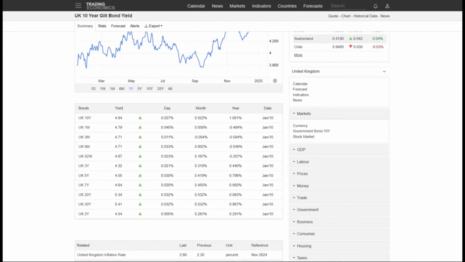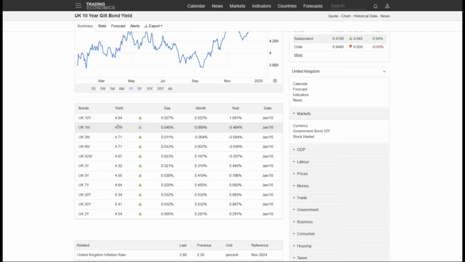Let's see what the market yield is. 6 months 4.7, 3 months 4.7, 1 month 4.79, almost 4.8, which is the same as the 10-year. So the 10-year gilt yield is 4.84%. The 1 month is 4.79, 4.8. Yeah. So for one month you have the same cost of borrowing as for 10 years.